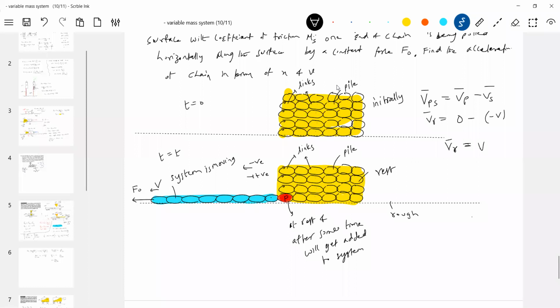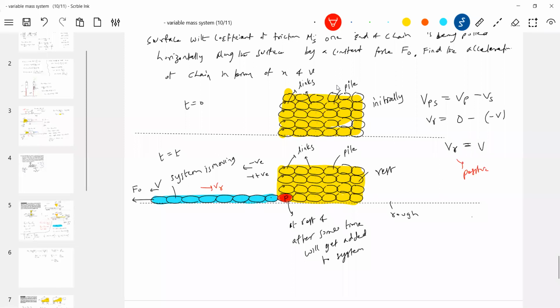Positive means in what direction VR will be like this. So this I think I'll remove, so it'll be much easier for you. I got VR positive. Positive means VR will be directed towards right. Okay, let's come to this. VR is positive.